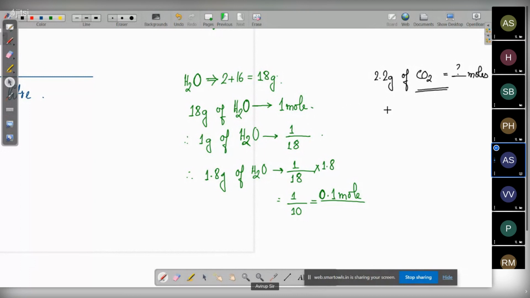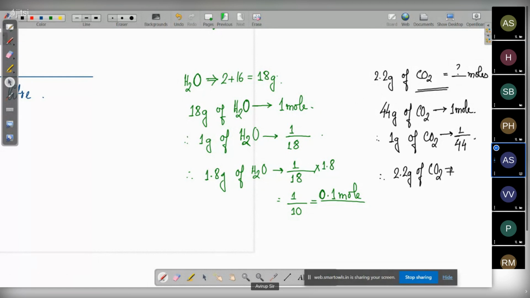So you are getting 44 grams of carbon dioxide, that is equal to 1 mole. So therefore 1 gram of carbon dioxide is equal to 1 by 44. So 2.2 grams of carbon dioxide is equal to 1 by 44 into 2.2.